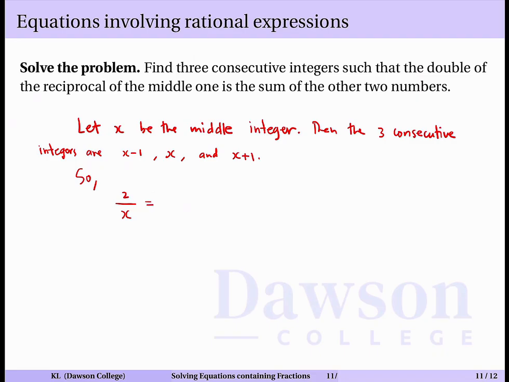It said this is equal to what? The sum of the other two numbers. So this will be x minus 1 plus x plus 1. But x minus 1 plus x plus 1 is equal to 2x.